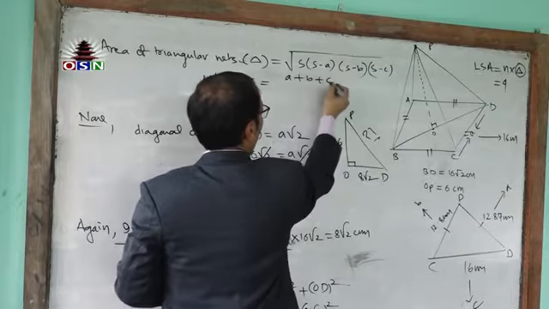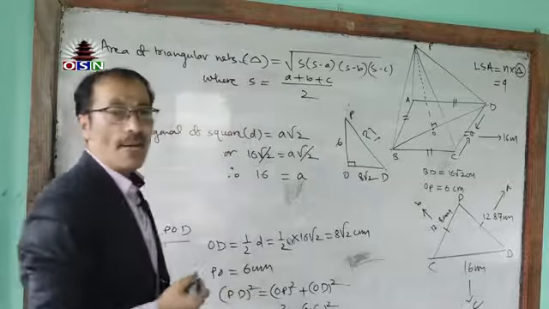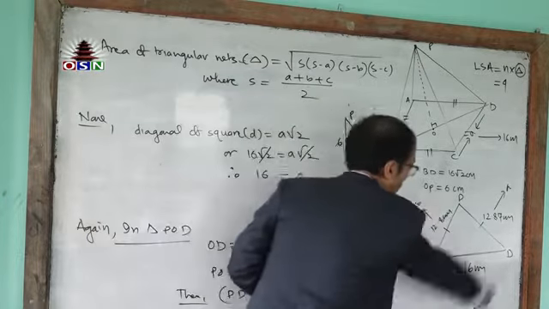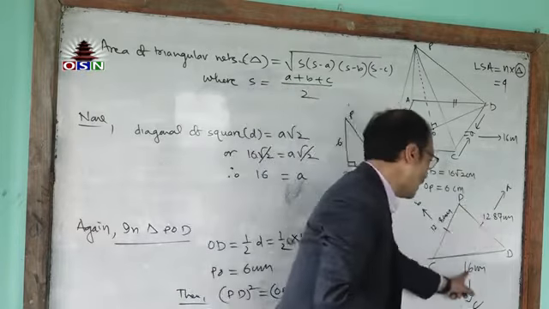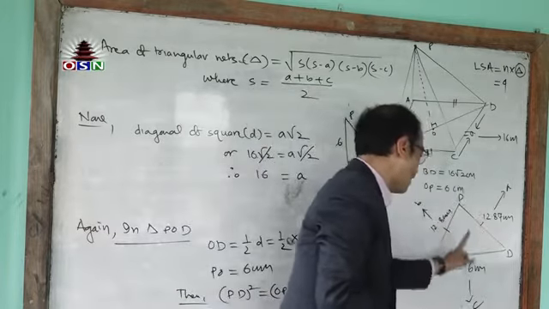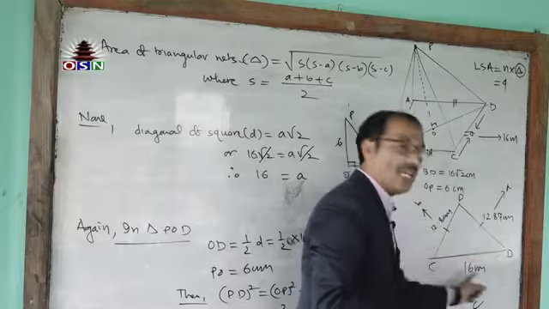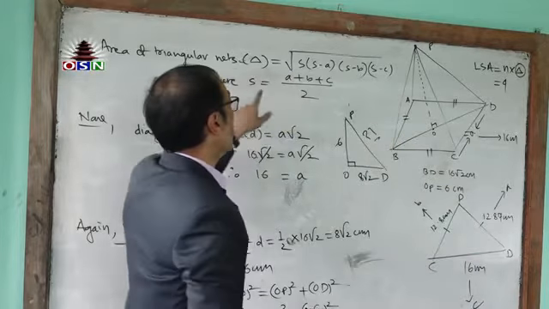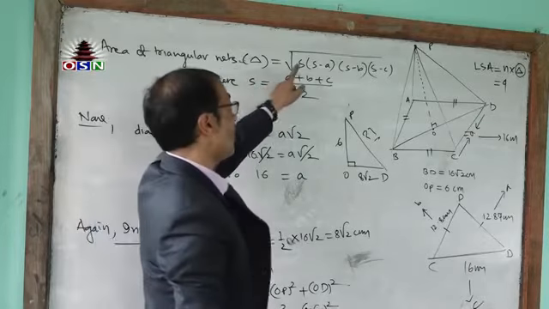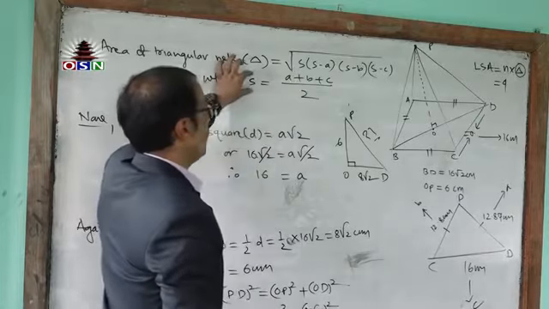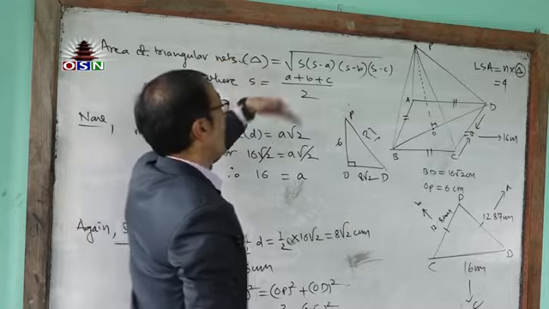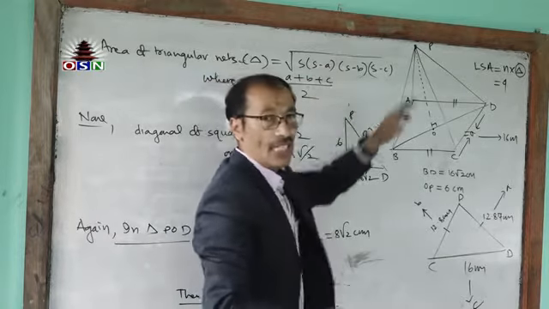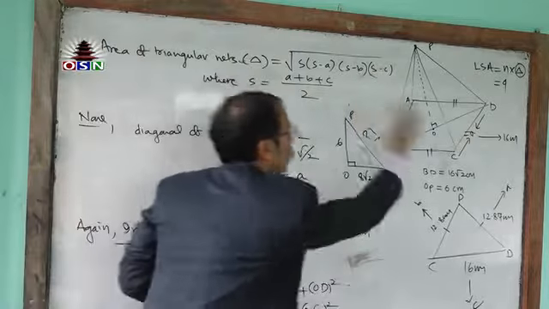We can find it using half of A plus B plus C. Semi-perimeter means half of the perimeter. The sum of all these sides is the perimeter, so when the perimeter is divided by 2, you get the semi-perimeter. You find the value of S first, then place it in the formula. You already have the values of A, B and C, so you can find the area of the triangle.